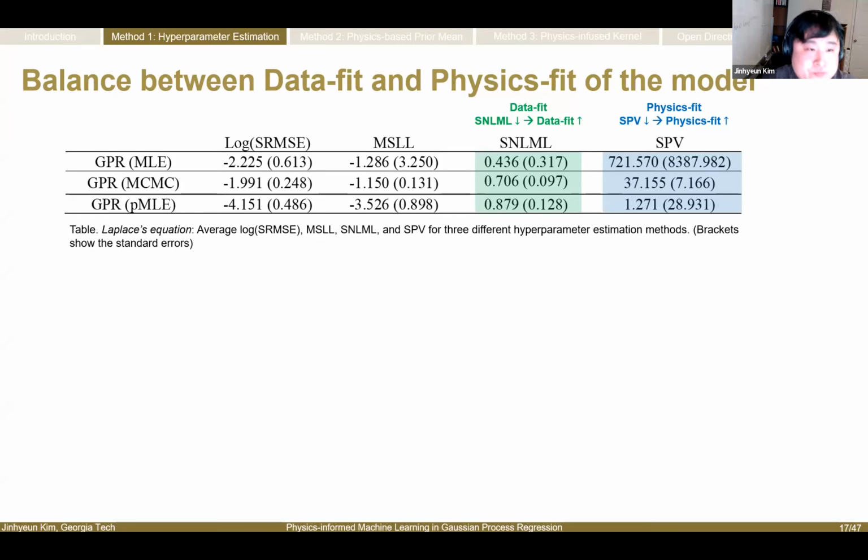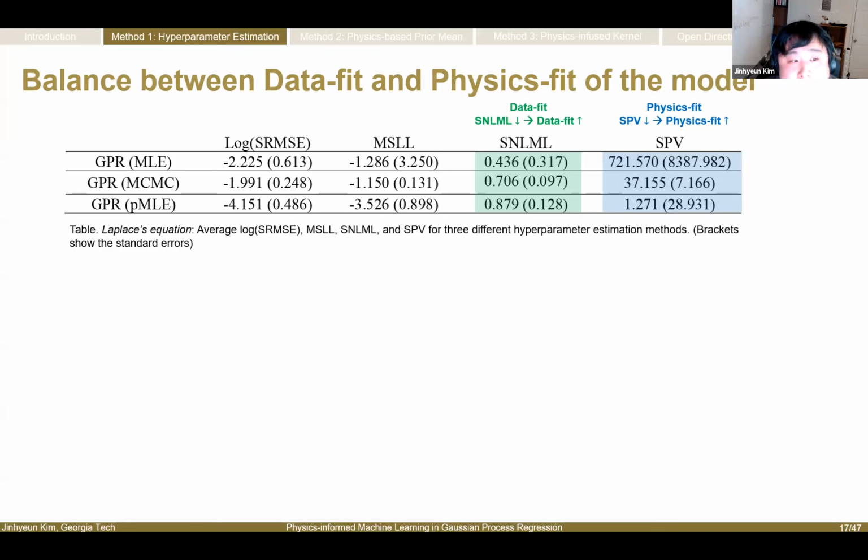This is the average SRMSE, mean square log loss, standardized negative log marginal likelihood function value, and the SPV, which is standardized physical violation value, for 3 different hyperparameter estimation methods. When you look at the SNLML value, the lower this value is, it means the higher data fit.